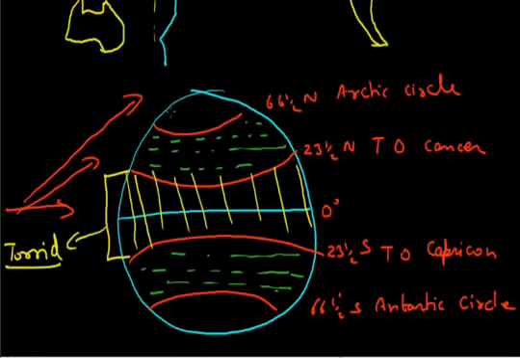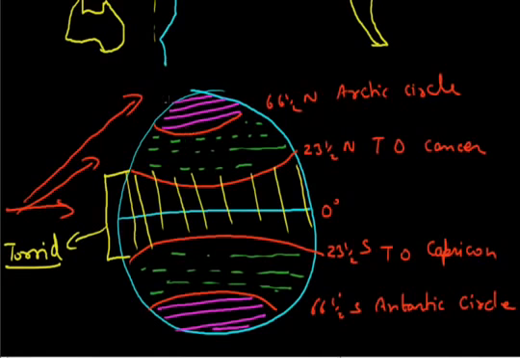This is the northernmost zone, which is a very cold zone. Similarly, here also is the southernmost zone, a very cold zone. These zones are both called the frigid zone.